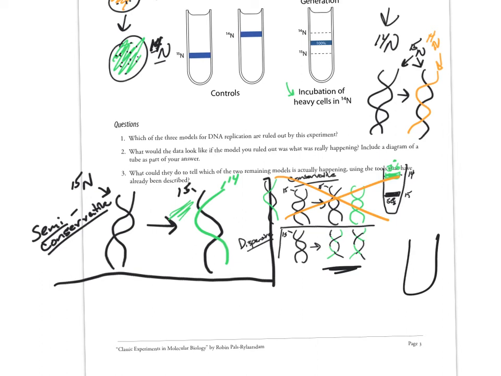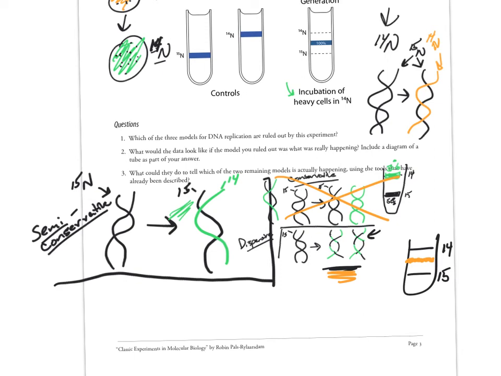Because the DNAs are all mixed in with each other, you'd expect to see no bands at 14 and no bands at 15. In fact, after the first division, from then on you would have a band always in the middle, because you're continuously using parts of the old and new strands. So you're always going to have this in between 14 and 15 if you're not introducing any other factors.